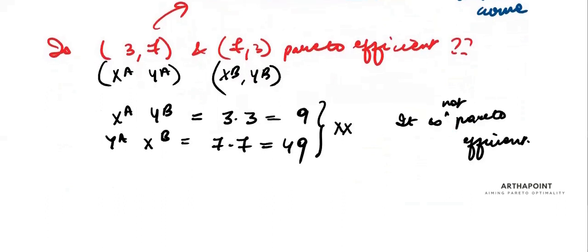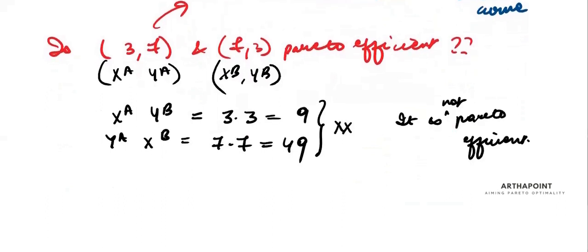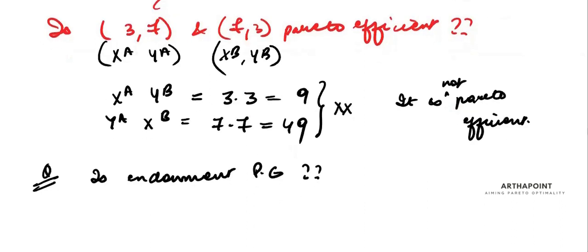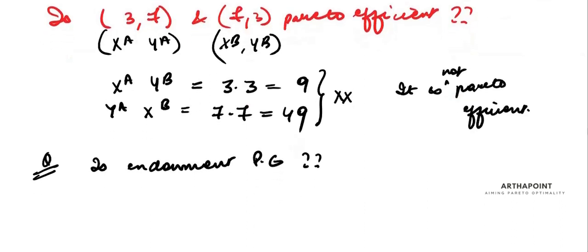Now, if I ask you another question, is the endowment Pareto efficient? What is the endowment? Individual A started with the endowment 0, 10. B started with the endowment 10, 0.